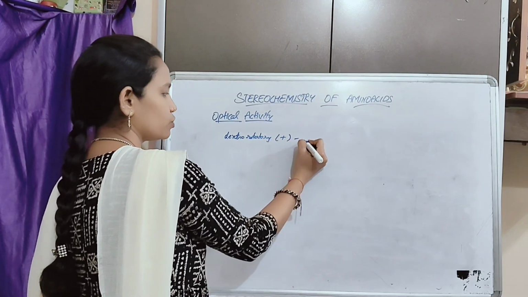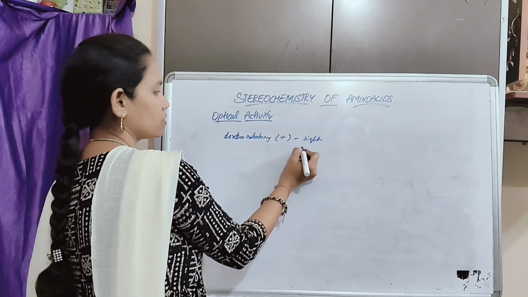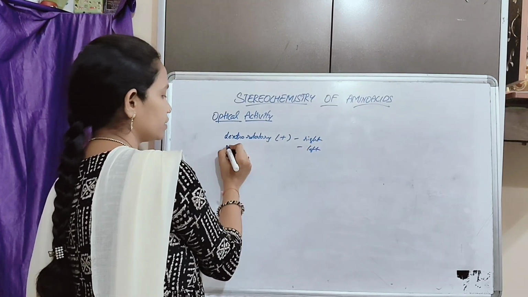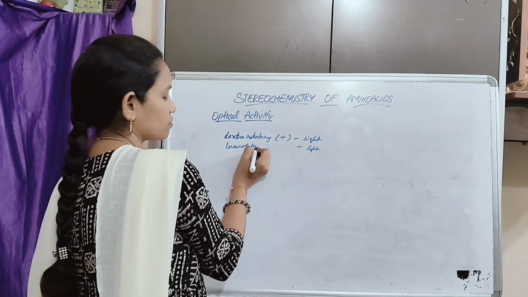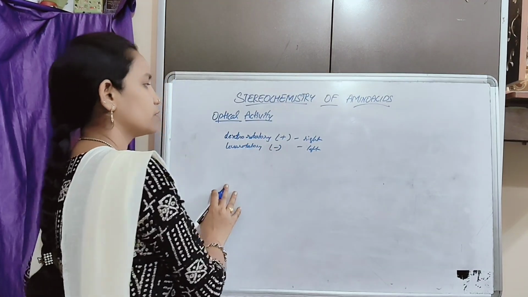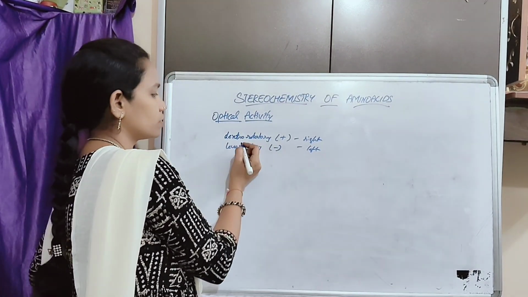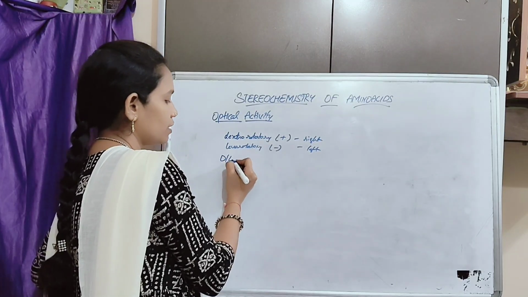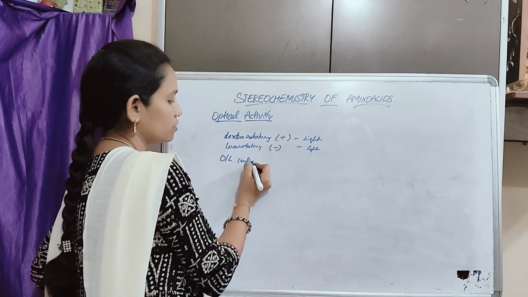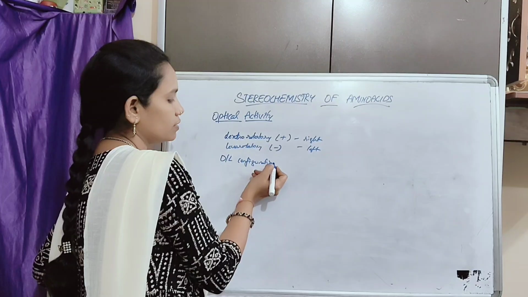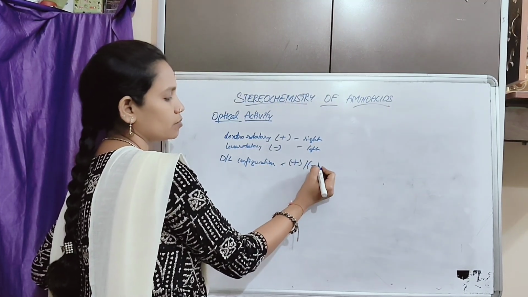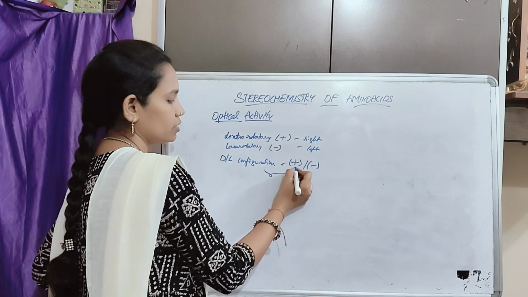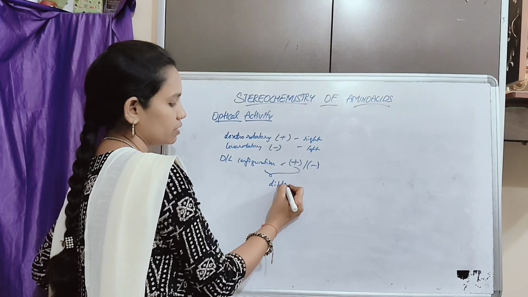If it rotates towards left, means levorotatory, minus. Again, don't confuse D and L configuration with this plus and minus. Both are different, okay?